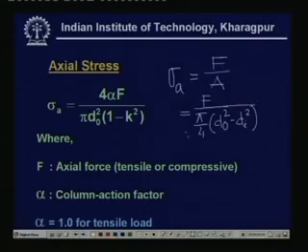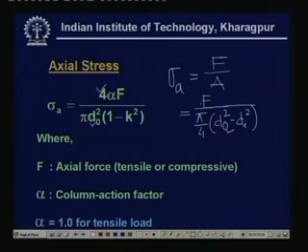So the 4 goes up, and you take d0 square outside, and you get 1 minus k square, because the ratio comes out in this fashion.